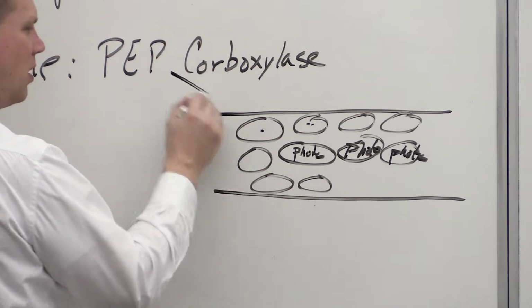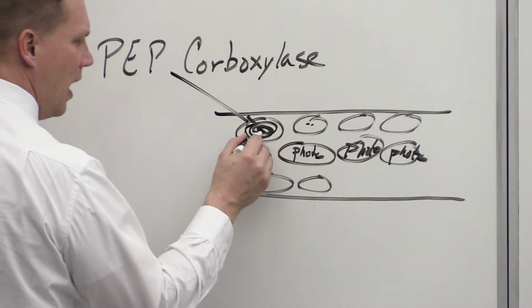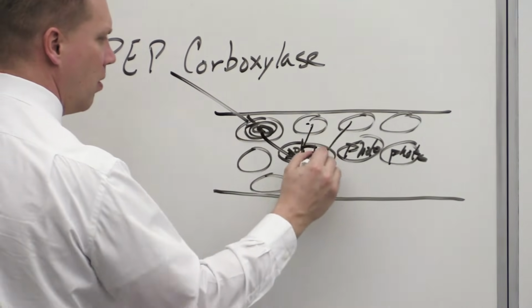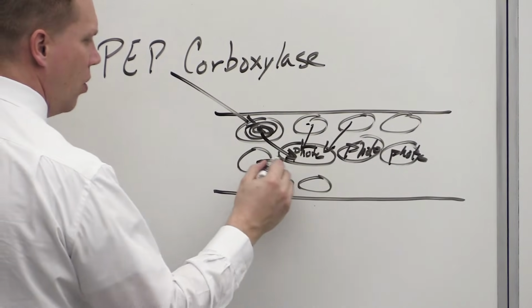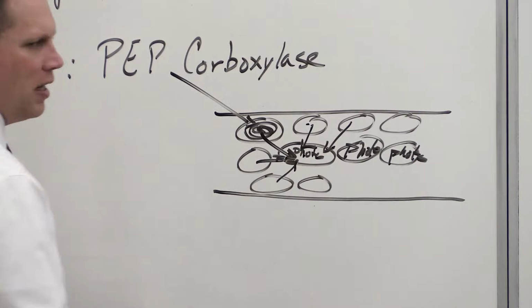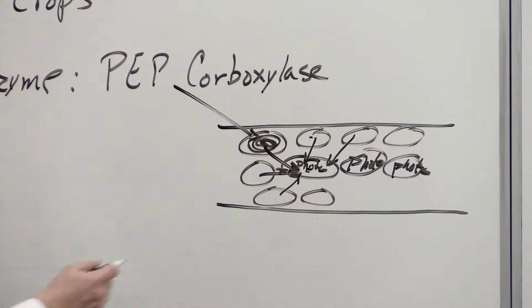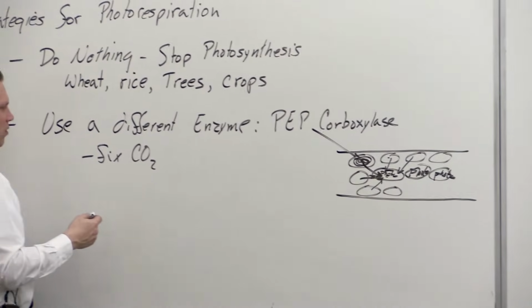And this is where we're going to use PEP carboxylase, and we're going to take the CO2 out of these cells and transport it into these cells and then release it, again, right near the chloroplast of these mesophyll cells in the middle that are carrying out the photosynthesis.